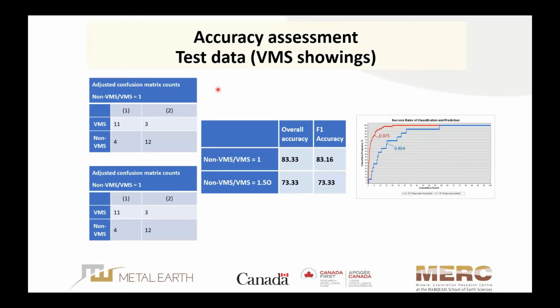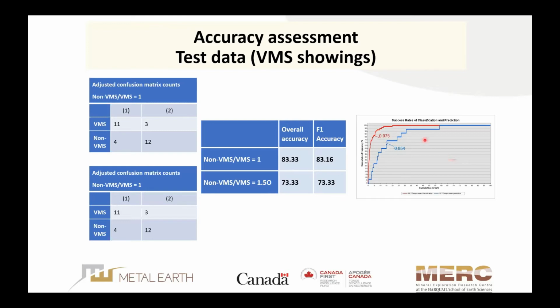Finally, we assess the accuracy using test data. There are 15 VMS showings which were not used in the classification. Using this data, we got the overall accuracy of 83 for ratio 1 and 73 for ratio 1.5, which is less.